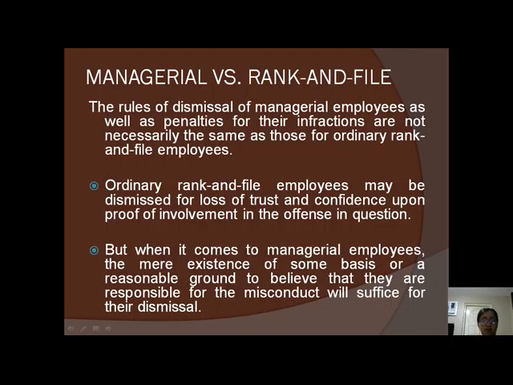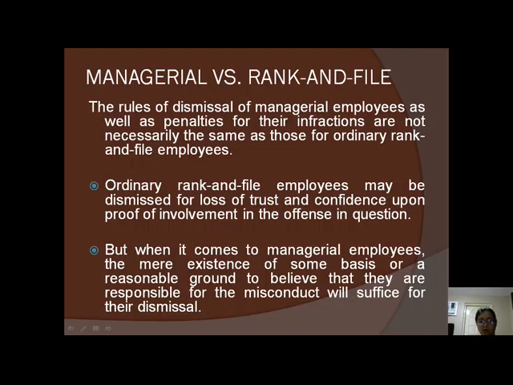So in other words, for rank and file employees, for example, if you're a cashier, that job involves trust and confidence, no? Now, if the cashier stole from the company, a proof of involvement is necessary to justify the dismissal.